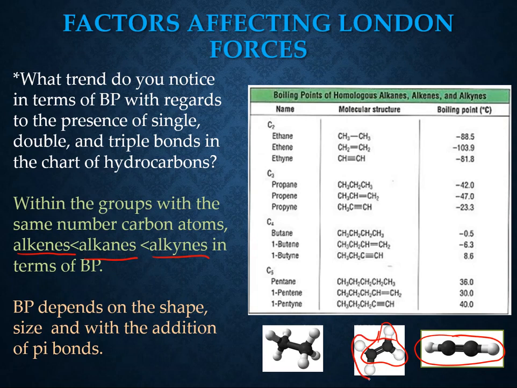Here's the other triangle, the trigonal planar ones. Branches it out, it's not as polarizable. And then of course these are the tetrahedral ones that are three-dimensional, which allows for a little bit more polarizability than the flat arrangement. So you could be presented data tables like this, and you would have to be able to explain the differences between the strength of the forces based off of their boiling points.